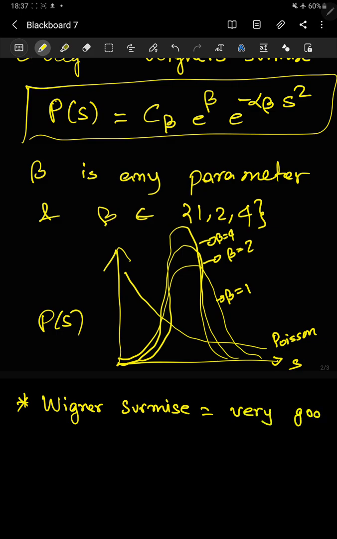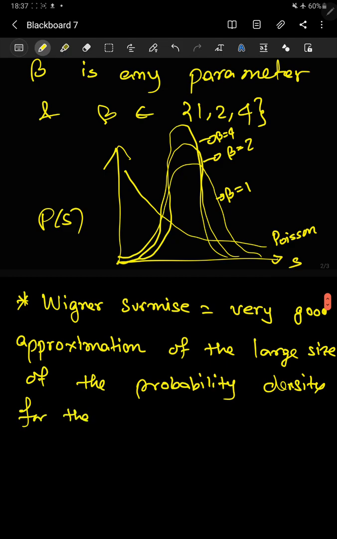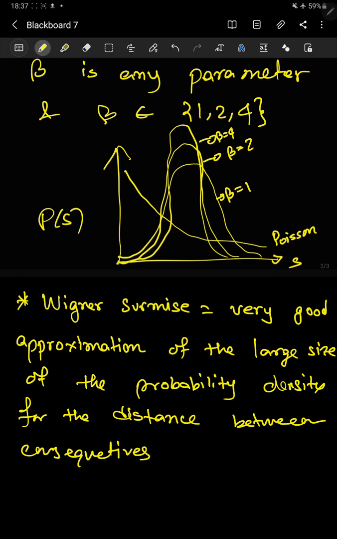Because it's a very good approximation of the large size of the probability density for the distance between consecutive eigenvalues of a random matrix.